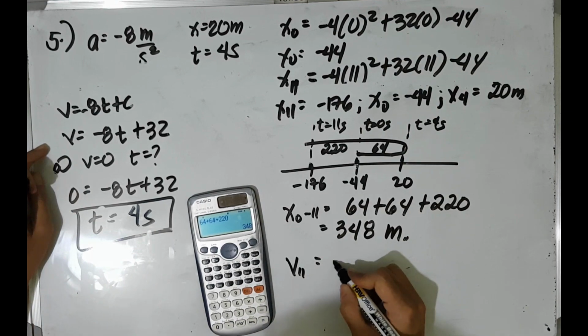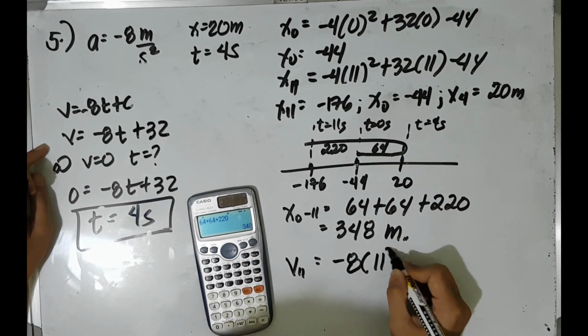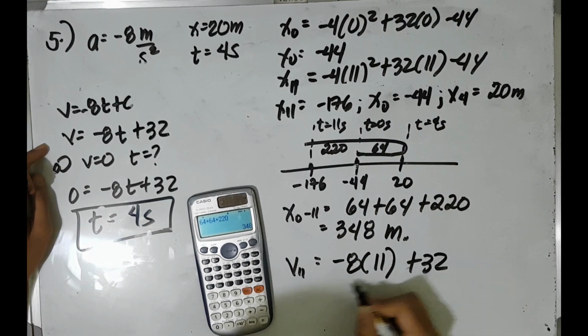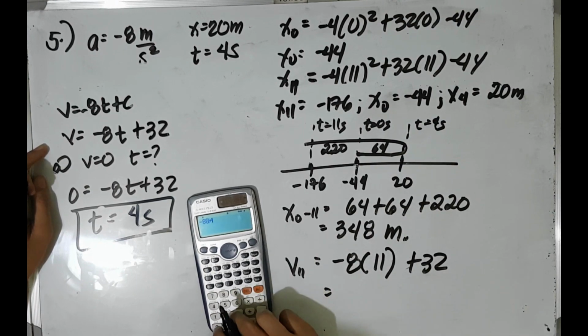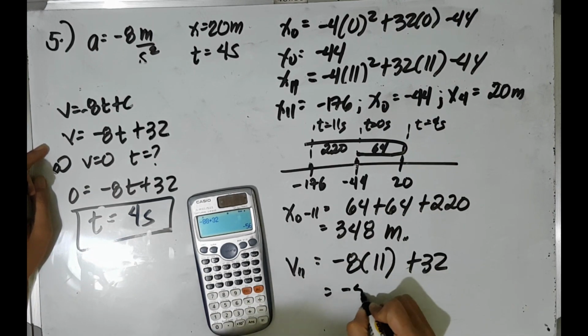And then velocity at time is equal to 11 seconds is equal to negative 56 meters per second.